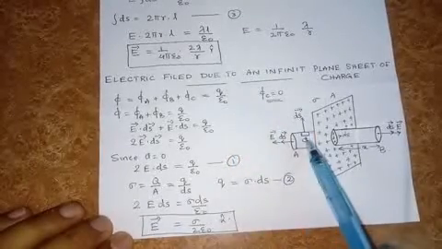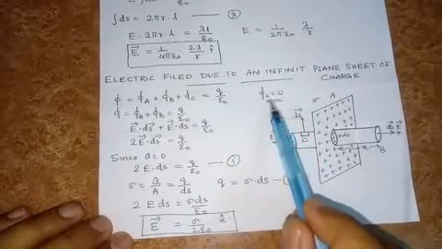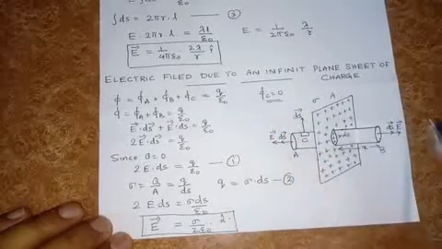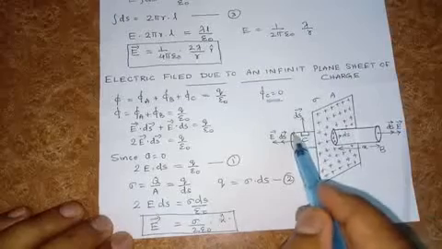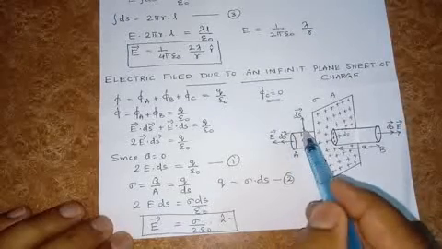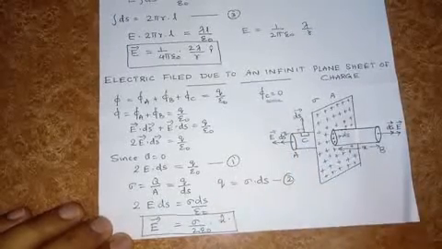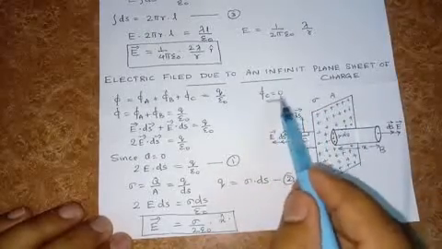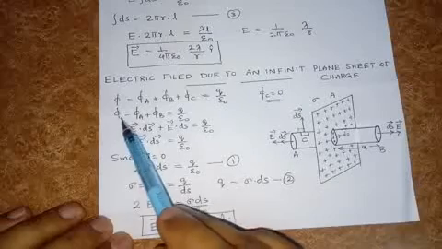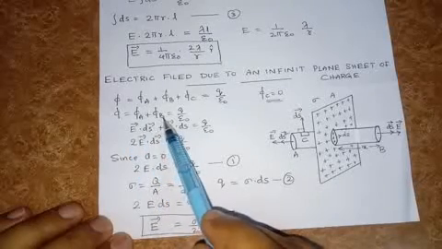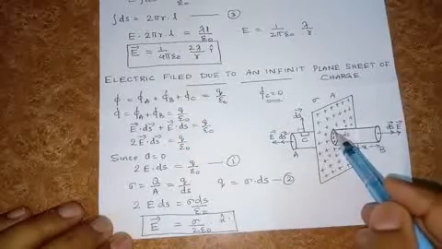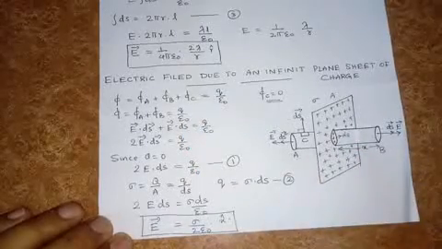As I explained, surface C will not create any flux, because the electric field and area vector are perpendicular to each other. So let us avoid the flux due to curved surface C. Then what remains? Phi is equal to phi A plus phi B, which is equal to Q by epsilon 0, where Q is the charge enclosed within the surface.